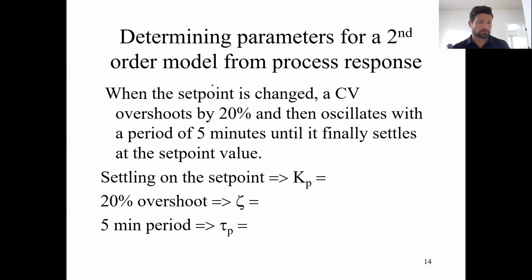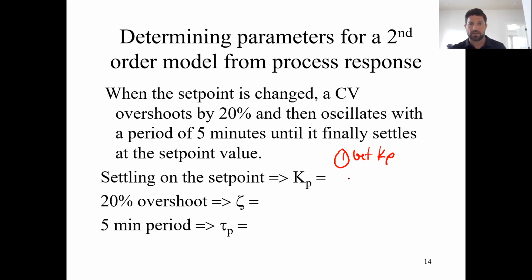If we look here, this goes through an example. Instead of writing it out, I'll just say the process I would go through. First I'm going to get KP based on what's given. It's told that it has a 20% overshoot.